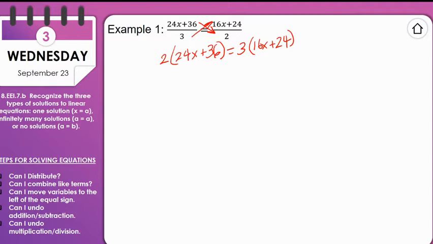Now, our steps for solving equations fit. It says, can I distribute? Here, I need to distribute on both sides of the equal sign. My 2 outside is multiplied by everything inside. 24x times 2 becomes 48x. 36 times 2 becomes 72.